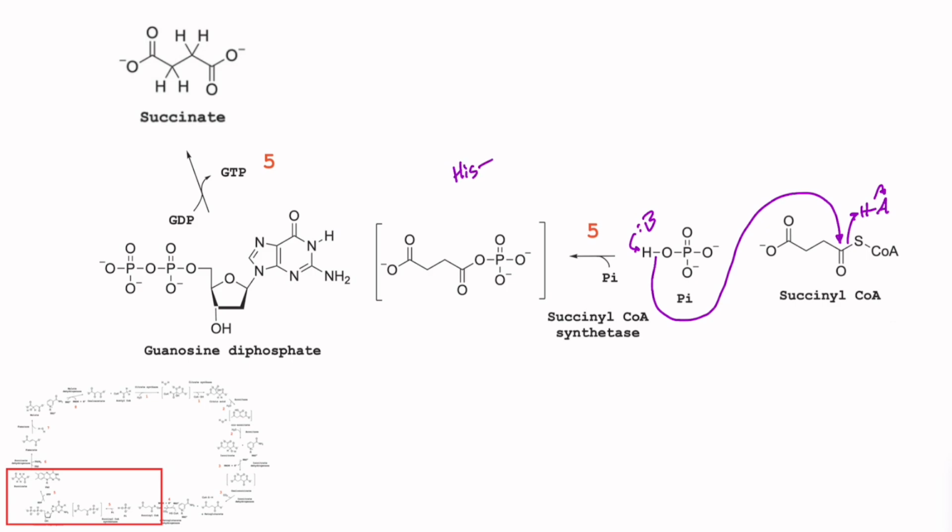The phosphate group is not directly transferred from the intermediate to GDP. Instead, a histidine residue from succinyl-CoA synthetase facilitates the transfer, where an electron from the histidine residue attacks the phosphorus in the phosphate group and opens up the bond.